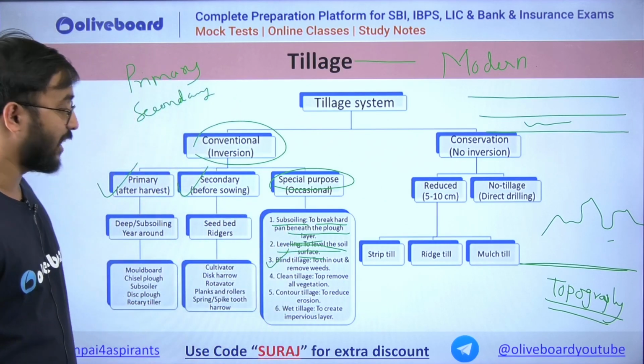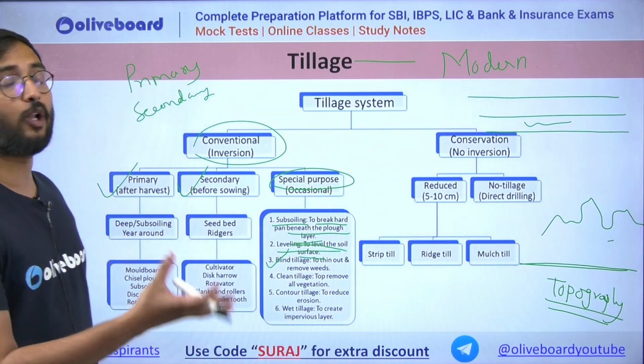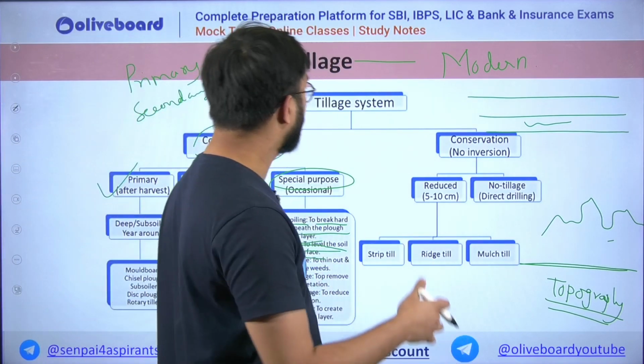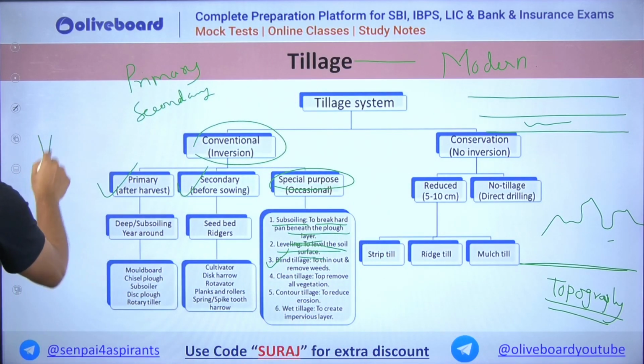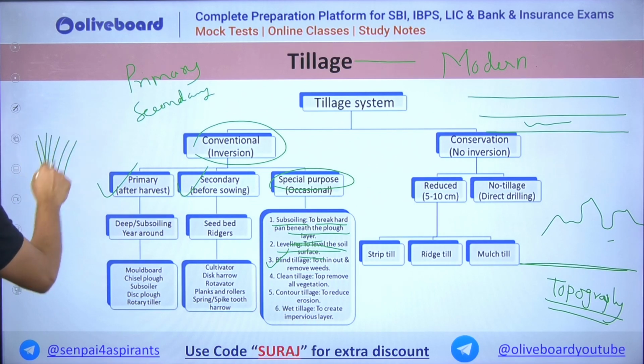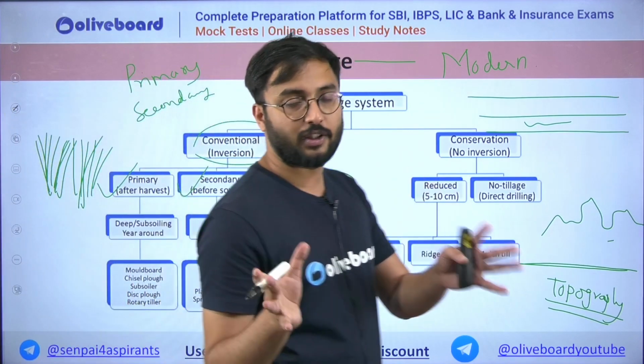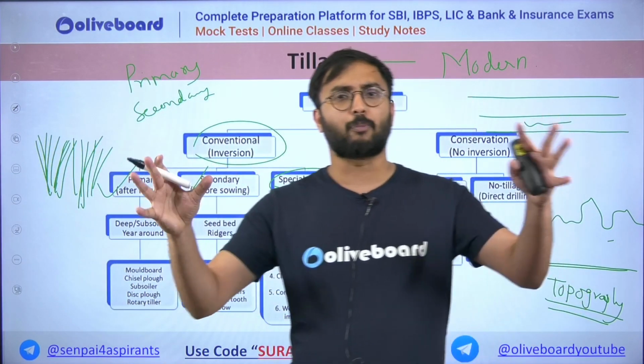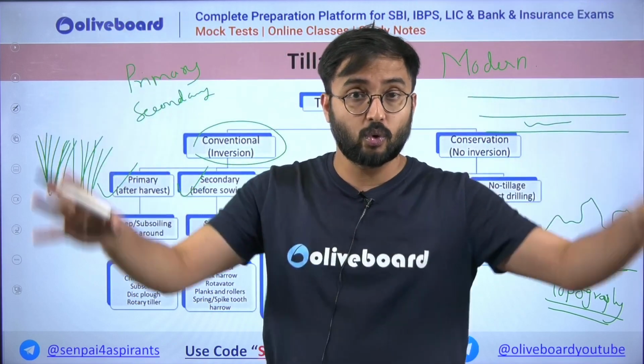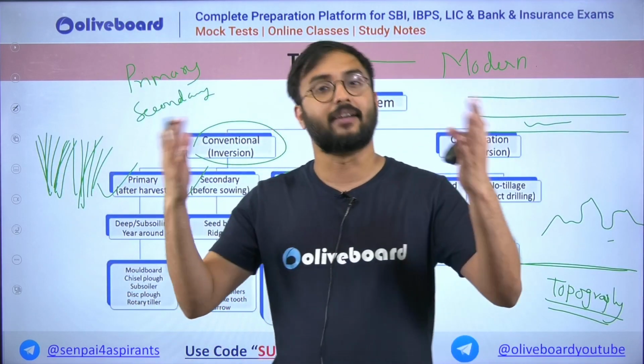Then is blind tillage, in which thinning out or removal of weeds is done. So if you see, if multiple crops are grown, for example you would have seen wheat, rice and their fields. Okay. So various cereal crops fields, if you see wheat, rice, these are overpopulated. You could see overall density of the crops is higher.